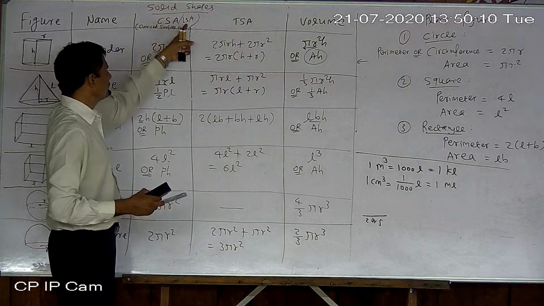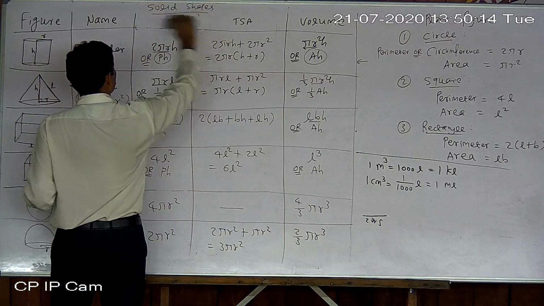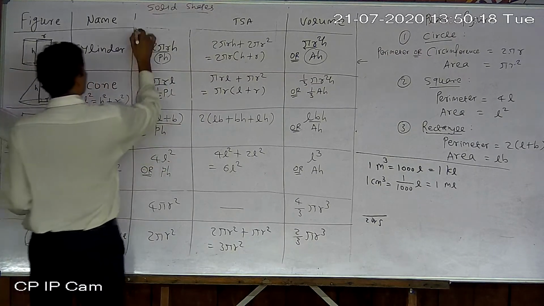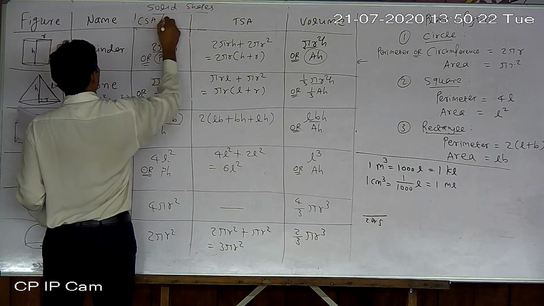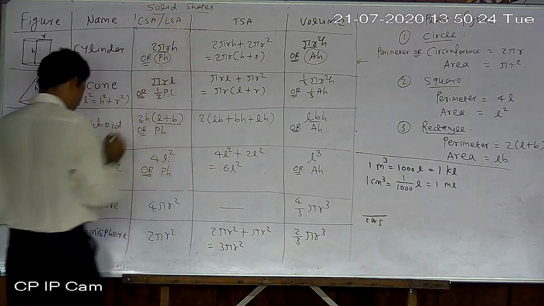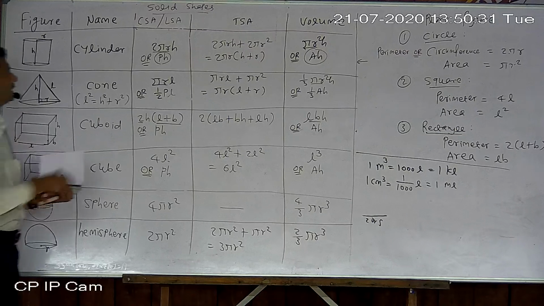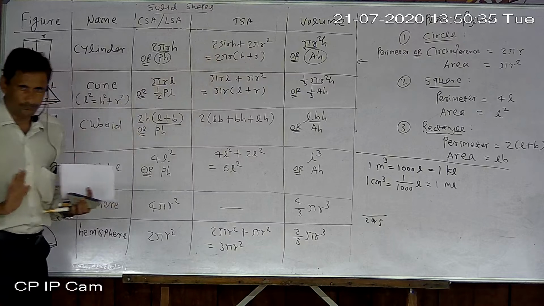Here CSA or LSA is written. The full form of CSA or LSA is curved surface area or lateral surface area. Both are almost equal, a slight difference is there. We will talk about it later. TSA is total surface area and volume means volume, you know.